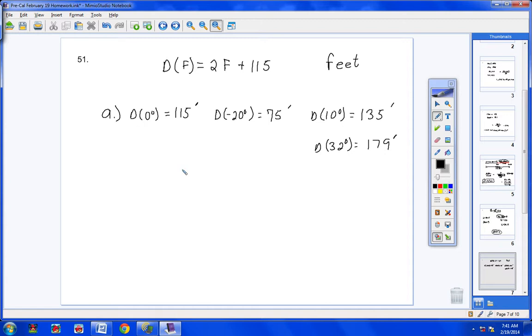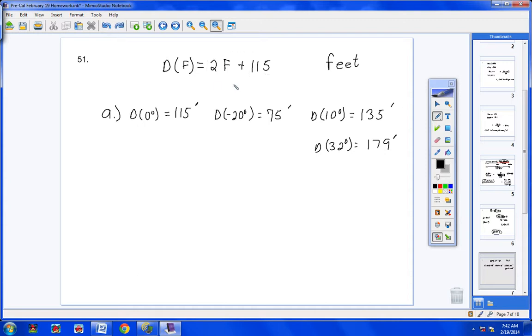Now, letter B, explain why the domain would be restricted to negative 57.5 degrees to 32 degrees. Now think about that. Let's really get into this, okay? Let's think about why we would have to have these cutoff points. Well, first of all, how can you slide in a negative fashion unless you're going backwards?